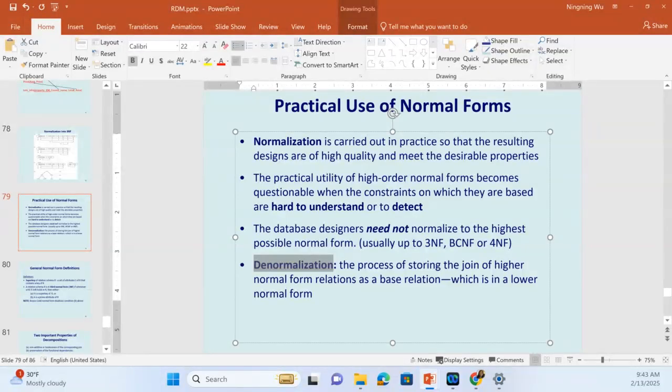Although denormalization is one of the practices in the real world, it's strongly discouraged until you have a strong need. What is the strong need? It means that you have seen a lot of queries that need to join multiple tables together to produce the result.